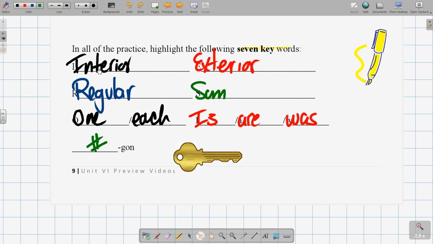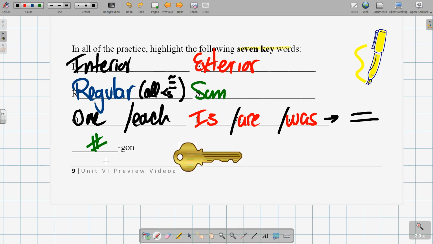All right, so you want to watch out for the word interior and then exterior, regular. And remember, regular means all the angles are congruent. Some, one or each. Is, are, and was, super important. All of these words become equal signs.